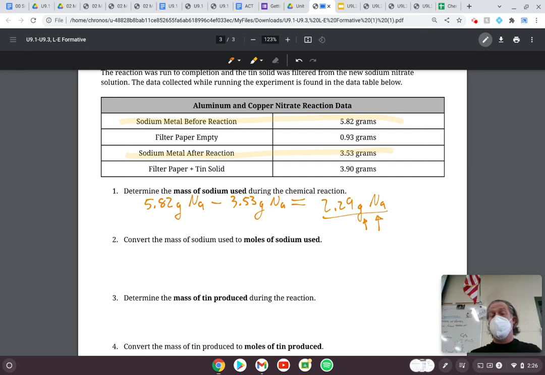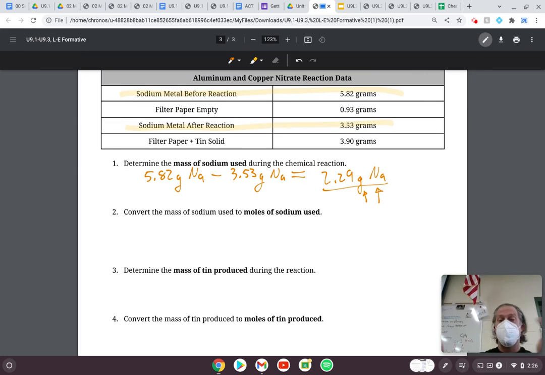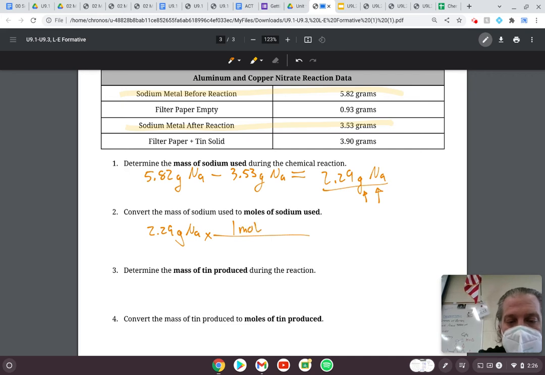Show your work, please. Now you're asked to convert mass of sodium to moles of sodium. So I'm going to take the 2.29 grams of sodium and convert it to moles of sodium. We know that 1 mole of sodium is equal to the mass of sodium on the periodic table, which is 22.99 grams sodium.